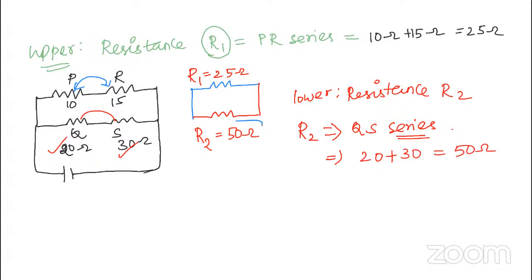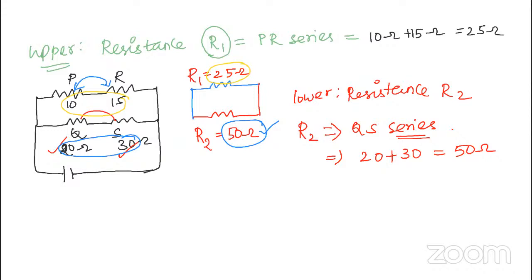And the 50 ohms is what we get by adding the two resistances. Here we can write it as 50 ohms. Similarly here we add these two resistances and put the value, that is 25. Okay. Right.